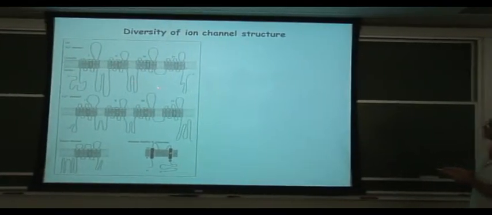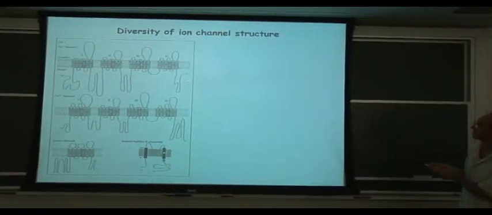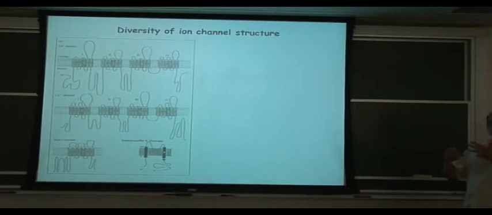starting from the biggest members of the cation channel superfamily, the sodium channels and the calcium channels, which by a quirk of the history of all this, were the first ones to be cloned.